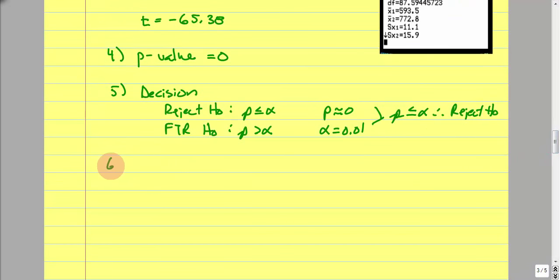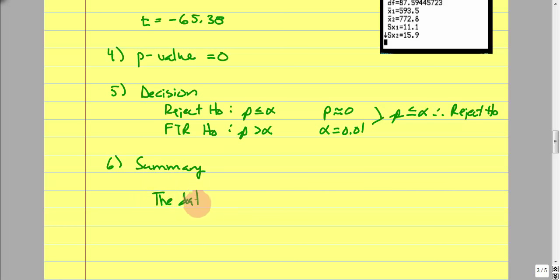So next step, we'll have a summary. Okay, now for the summary here, we want to make some sort of a conclusion. Now we decided that we were going to reject H0. So again, we blame it on the data.